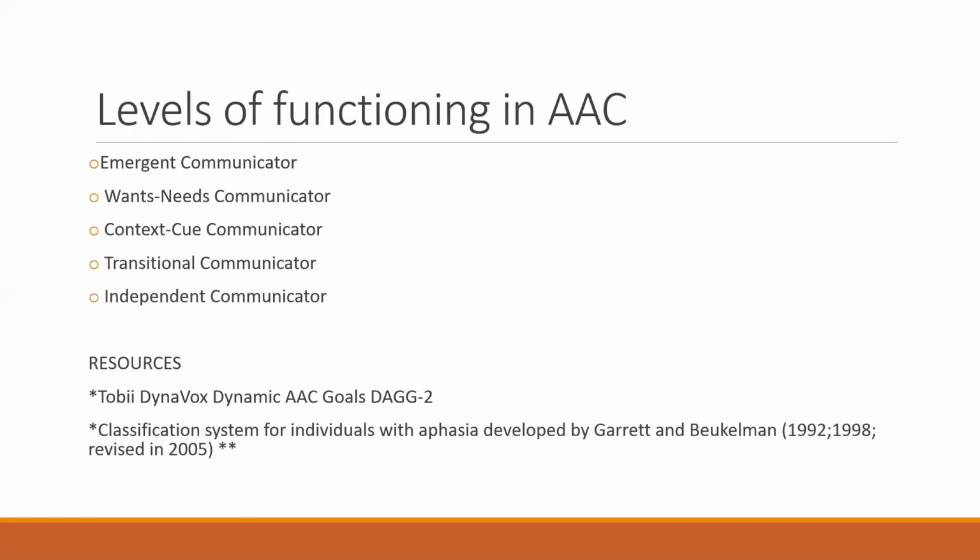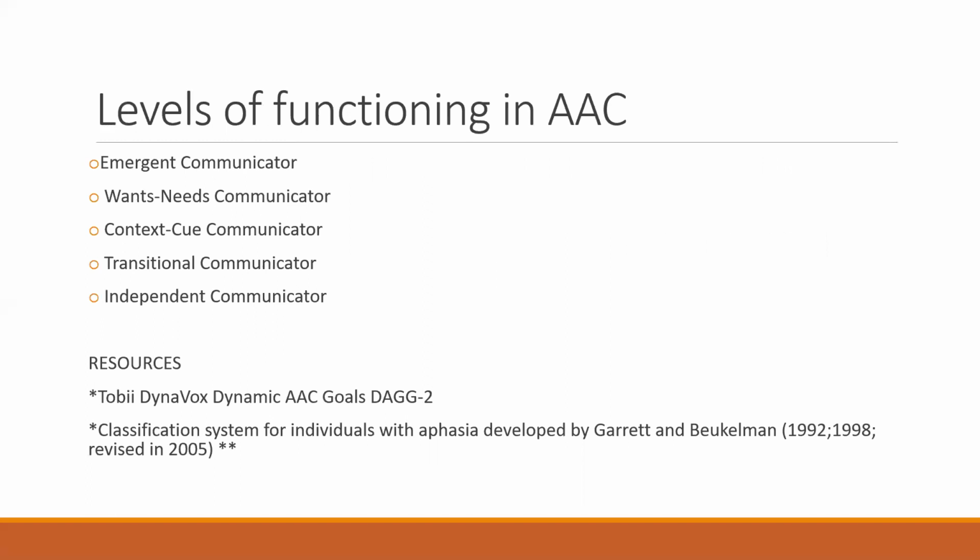So we have 5 levels of functioning in AAC users. Level 1 is the emergent communicator. Level 2 is a wants and needs communicator. Level 3 is a context cue communicator. Level 4 is a transitional communicator. And lastly, we have our independent communicators.